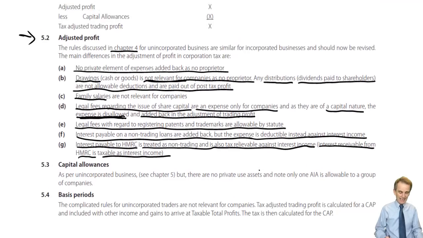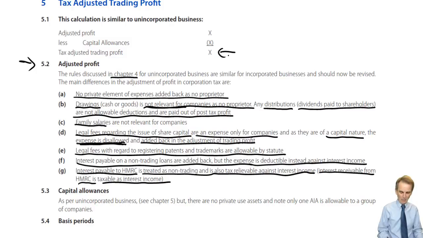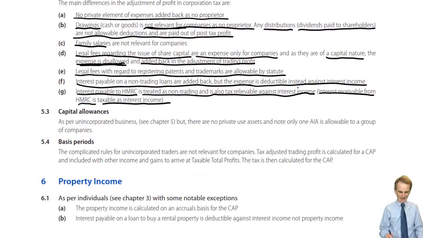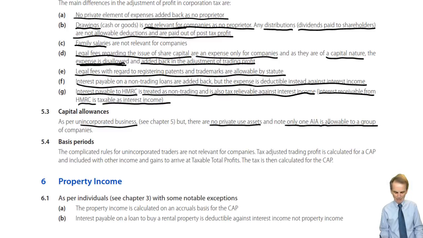Now, to get the tax adjusted trading profit for inclusion on that corporate tax computation, we also need to know about capital allowances. And it is the same rules as we saw for the unincorporated business, but no private use assets. And note also in corporate tax terms, there will be only one AIA allowable.